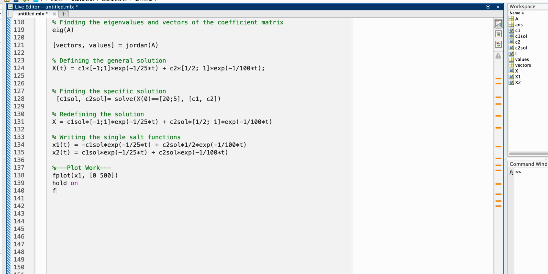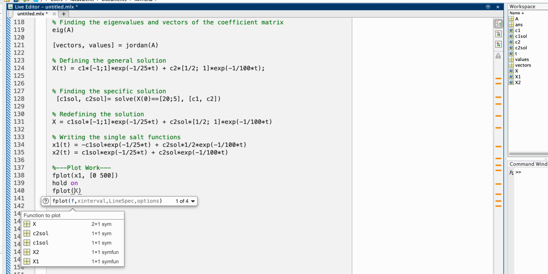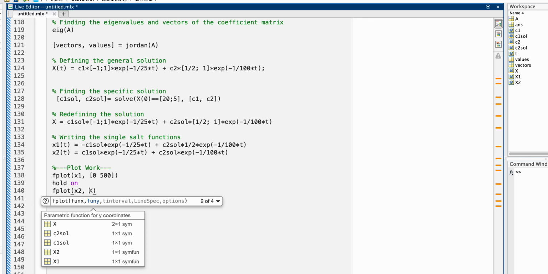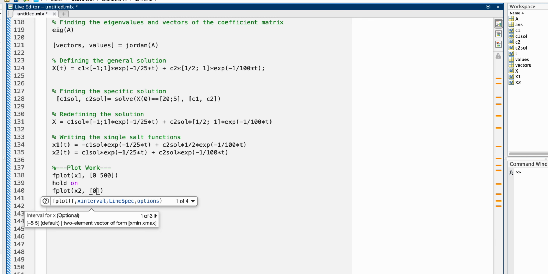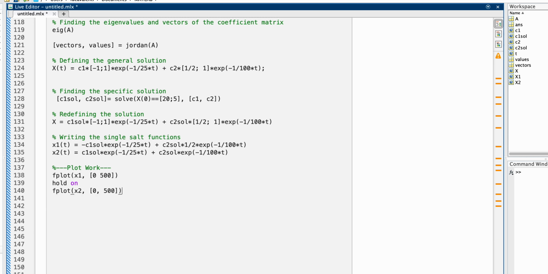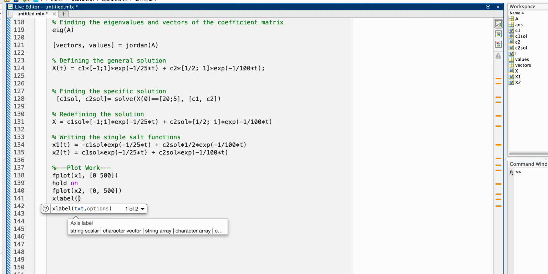So since I want to plot the other function on top of that same graph, I'm going to rewrite fplot, but I know that that fplot is going to execute on top of the previous fplot. Then I want an x label, and remember that x is time, which is in minutes.